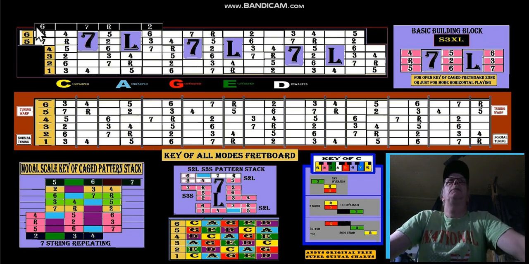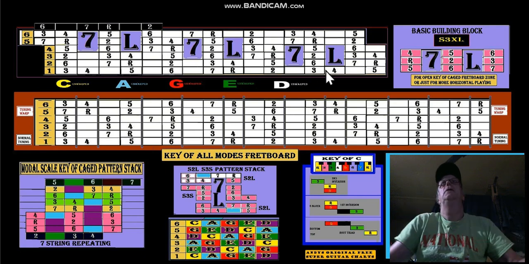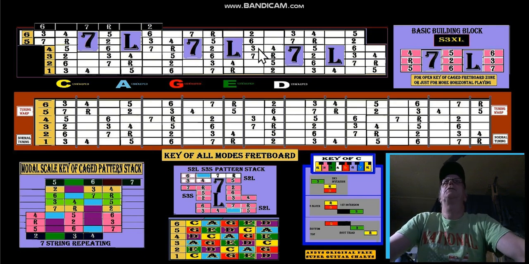This one's sticking up a little bit. All right, here it is. It's this shape. So down here we have an S2L. Remember those shapes I was showing you? And then we have an S3S next to that, interleaved with it. On top of that S3S, we have an S2L.